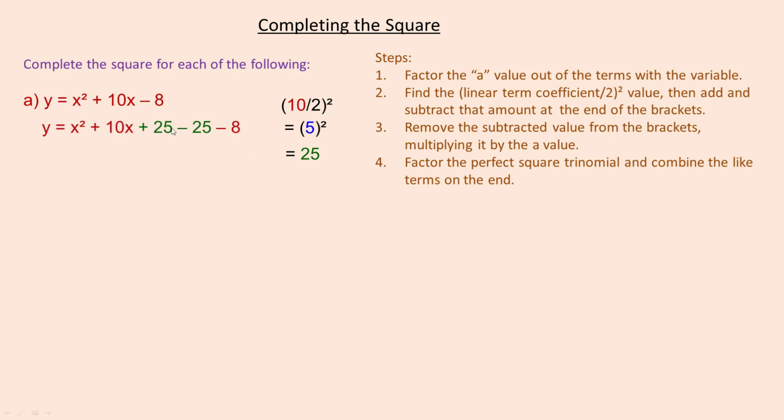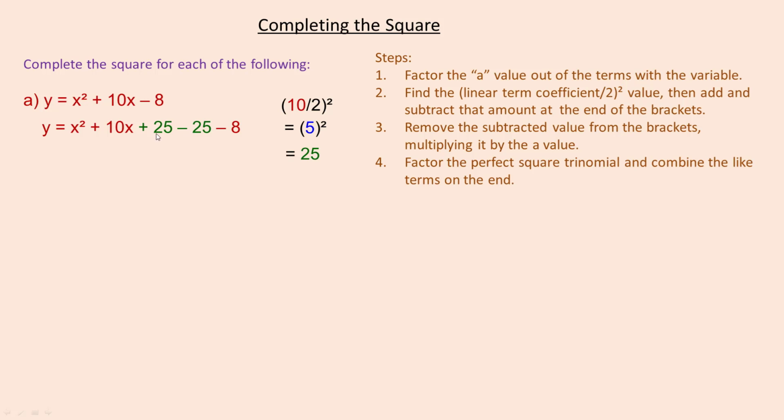So we're going to add 25 and subtract 25 after the 10x term. Now, we only actually need the plus 25 so that this is going to be a perfect square trinomial, so when we factor it, the two factors are the same. You can't just add 25 to the parabola's value because that would change the parabola. It wouldn't be the same equation. So we subtract 25.